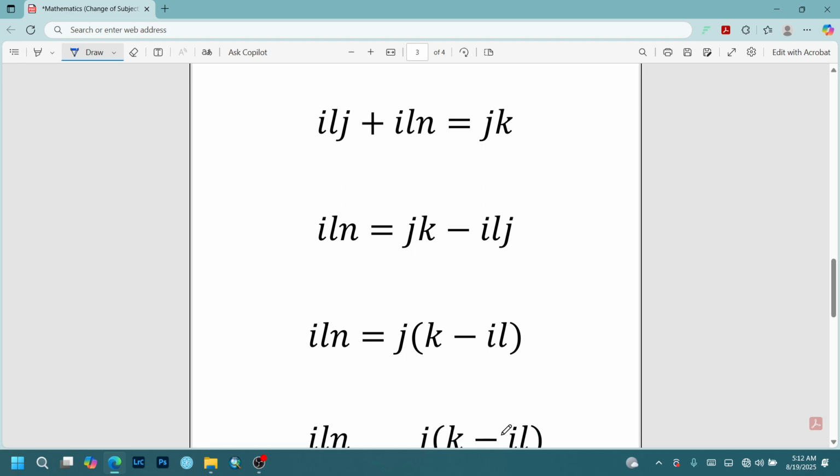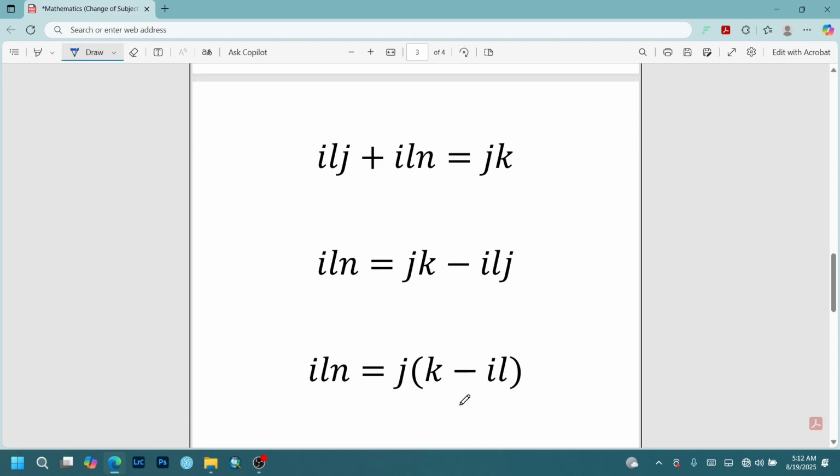or in brackets, right? And so J multiplying K minus IL is a dependent variable, right? It's dependent on K minus IL, right? And we want J to become independent, because we want it to be the subject of the relation.